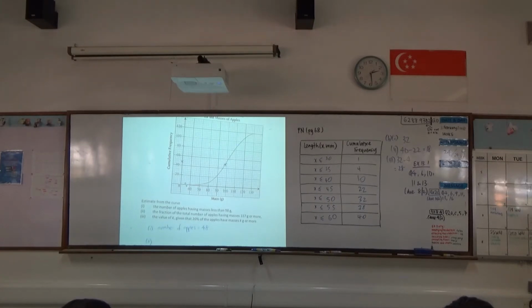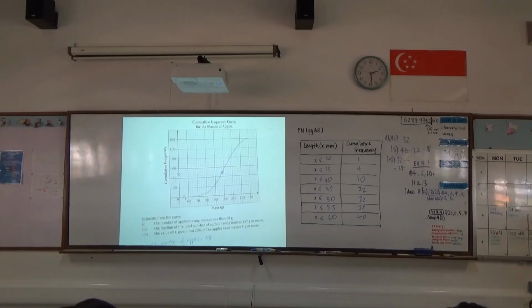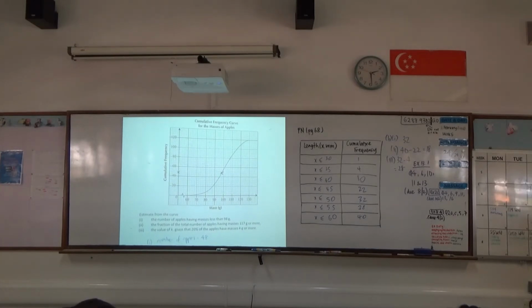It came out nicely printed for you all, right? 117 grams. 120 minus 76. Why 76? We want 117 grams or more. A fraction of? Out of the total 120.